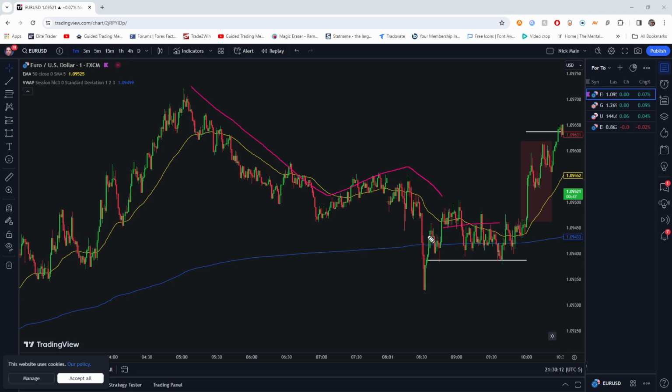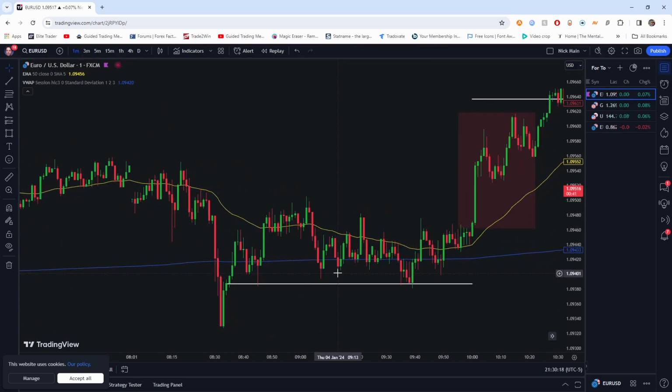Now we've entered this phase of accumulation where sellers and buyers have had essentially a battle to see who's going to win. Sellers have tried and tried and tried, and once they have failed, we can begin to see at what point I'm expecting the buyers to really win. If the buyers come in and they begin winning, well, they hold the 50 EMA. If you got long around here, it then starts a very clean uptrend.